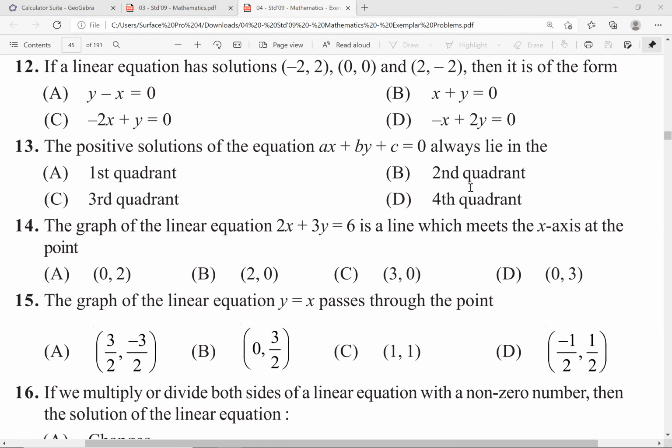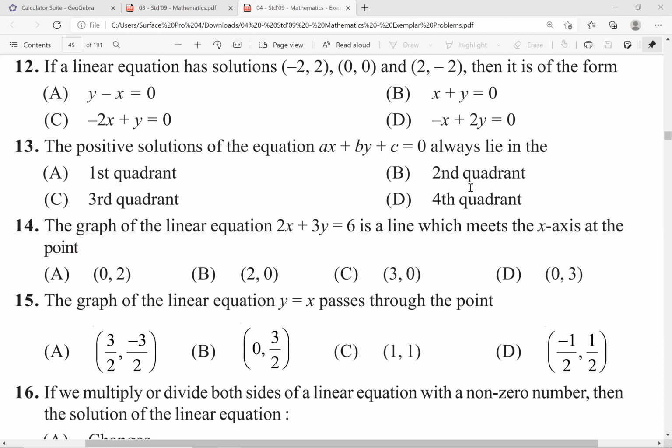See, Miraj, can you see that each of these 3 points, minus 2 comma 2, 0 comma 0, 2 comma minus 2, are of the form a comma minus a? What is the form of the point a comma minus a? We saw that in one of the previous questions as well. What does that mean? It means that x and y coordinates are negatives of each other.